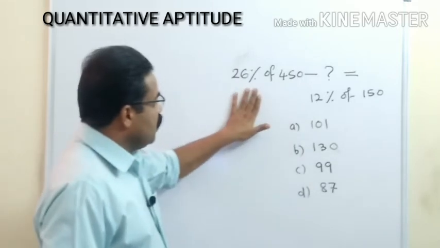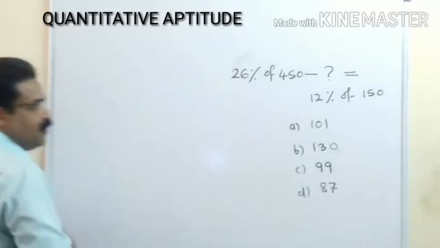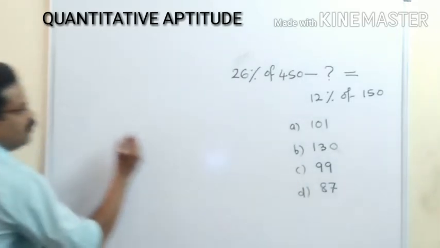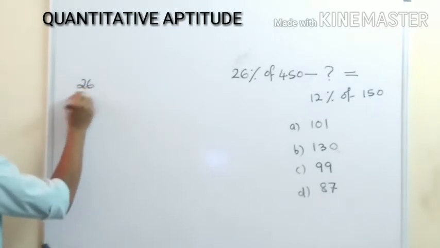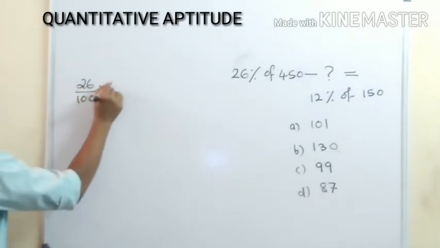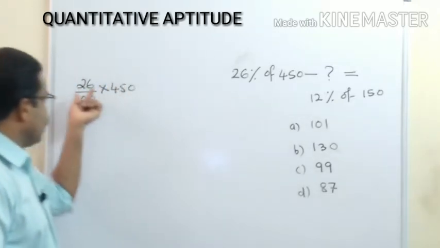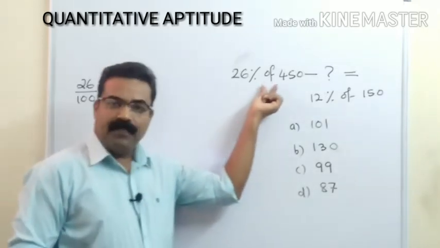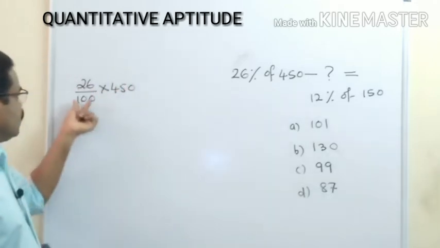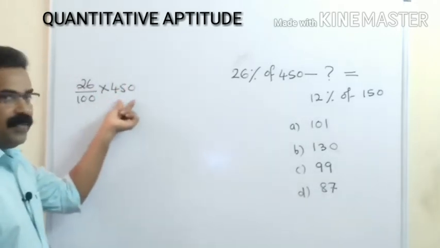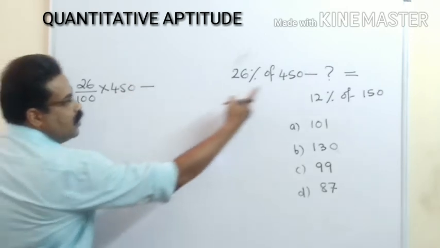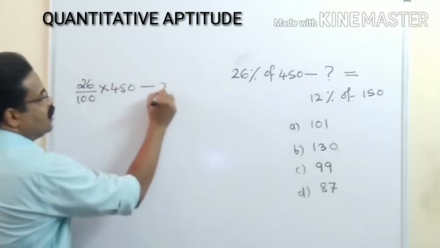So now, friends, we will take this side. 26% of 450 can be written as what? 26 by 100 into 450. 26% means 26 by 100, and of will become multiplication. So 26 by 100 into 450 minus some number we don't know, that x I am taking.